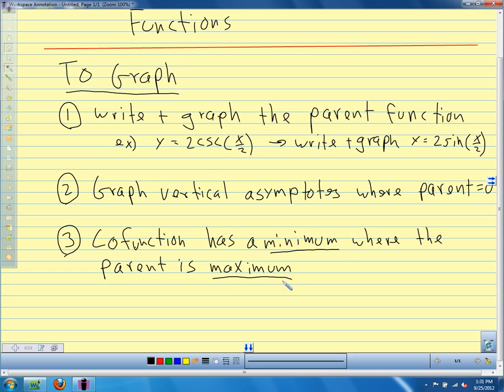And the cofunction has a maximum where the parent function is a minimum. I'll put that as a separate step here.